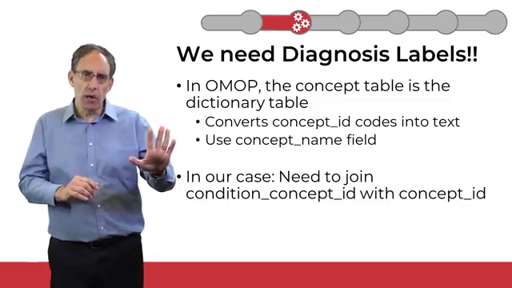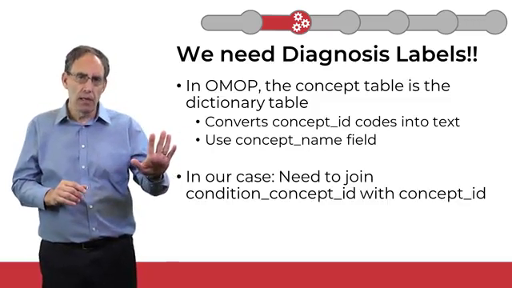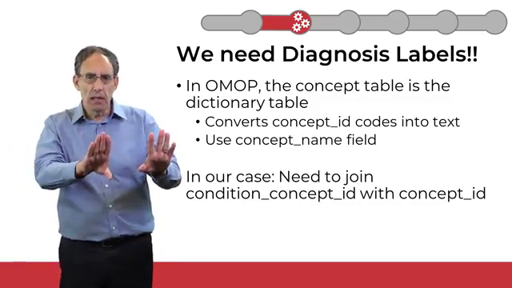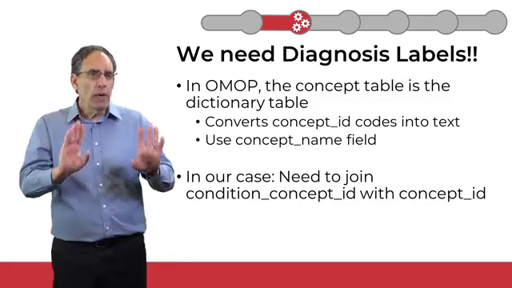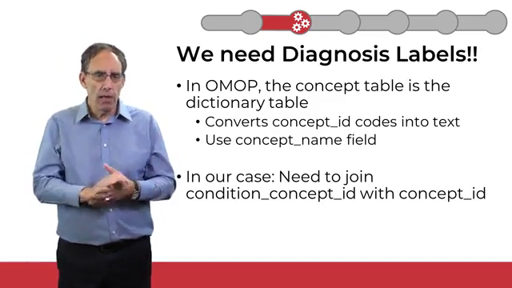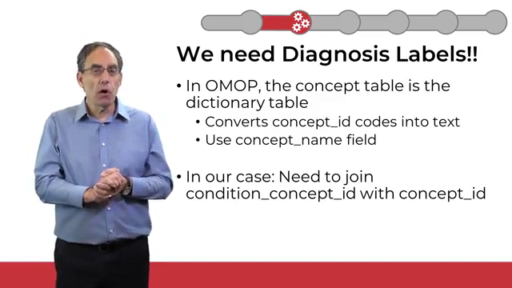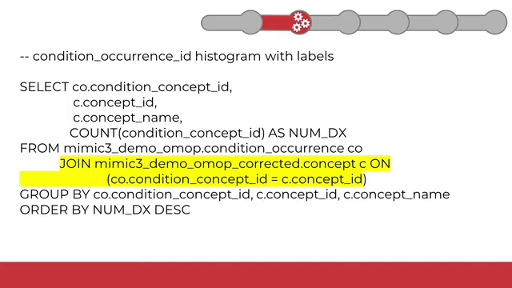By adding a join clause to link condition concept ID to the concept ID in the OMOP concept table, we can replace the numeric concept ID with the concept code string. This expanded SQL statement includes the join between the condition occurrence table and the concept table, highlighted in yellow. The select clause will return not only the numeric condition concept ID as before, but now will include the concept name.